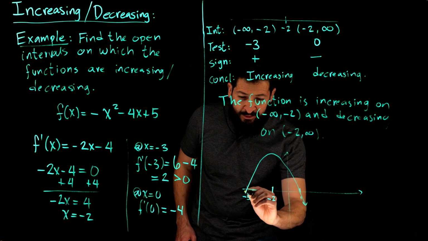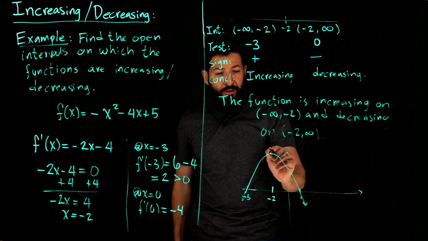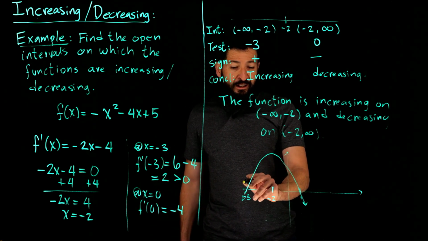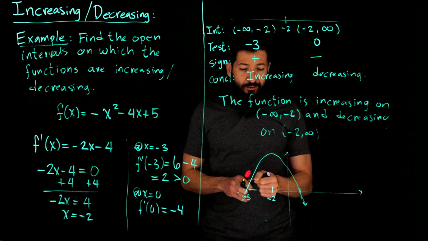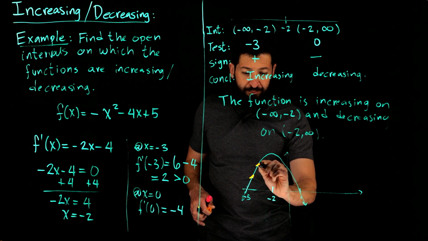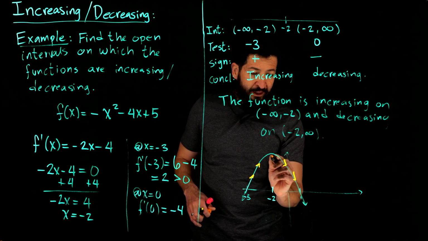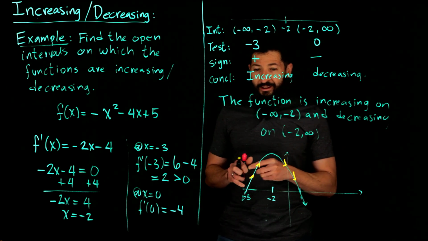It's a parabola that opens down. It has a vertex at negative 2, comma f of negative 2, whatever that number gives us. And it is going to be increasing from negative infinity to negative 2. And it's going to be decreasing from negative 2 to positive infinity, as we stated.